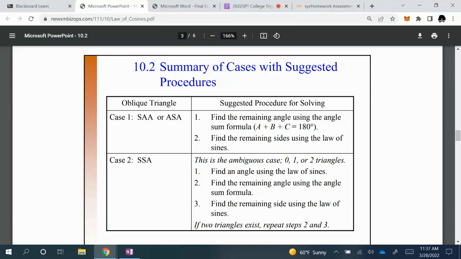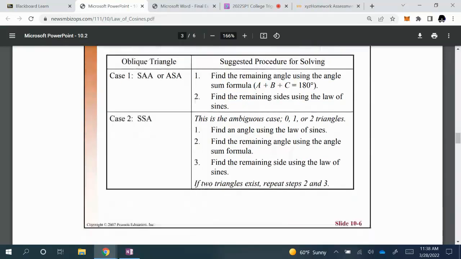Okay, so I'll explain that, may not be today. Now, I've looked through the homework, and there are only 2 problems, I believe problems number 10 and 11, that give you this set of measurements. So that's the suggested procedure for solving an oblique triangle where you're given it.